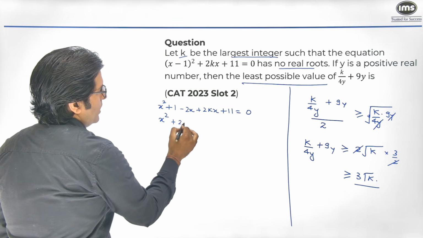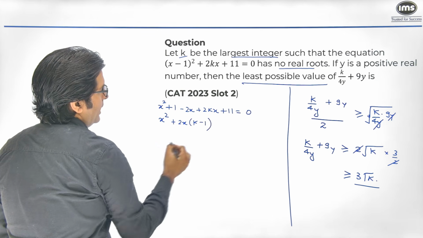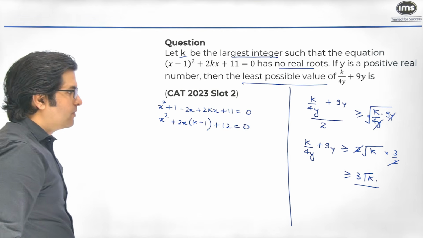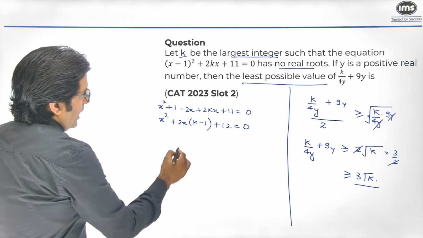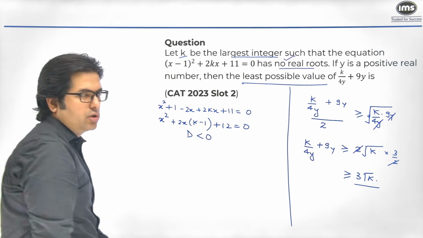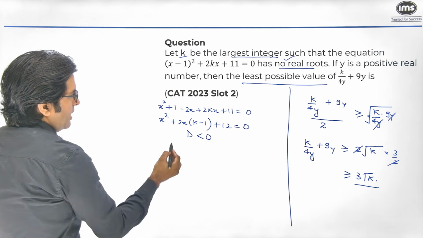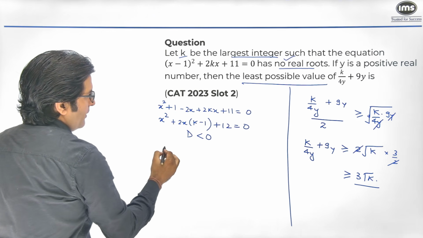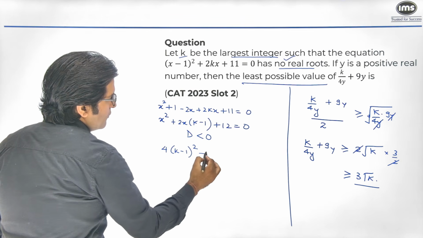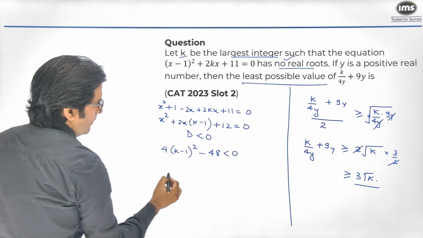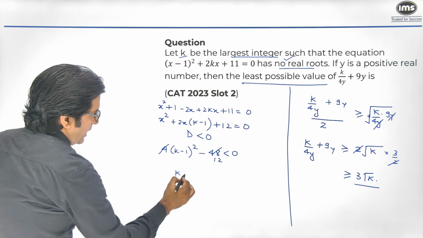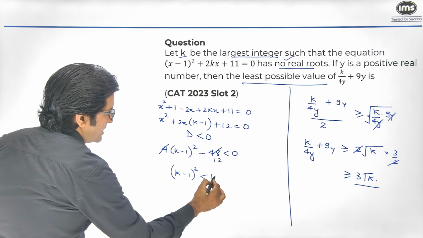If I take plus 2x common, I'll have k minus 1 inside the bracket. 1 and 11 will make it 12, equal to 0. So now I have this expression, and for this expression, I know the discriminant is less than 0. Why? It has no real roots, so roots are imaginary. So the discriminant: b square, so 2 square will be 4, k minus 1 square. So b square minus 4ac, so minus 48 is less than 0. I can cancel with 4, this becomes 12. Effectively, I get k minus 1 whole square less than 12.